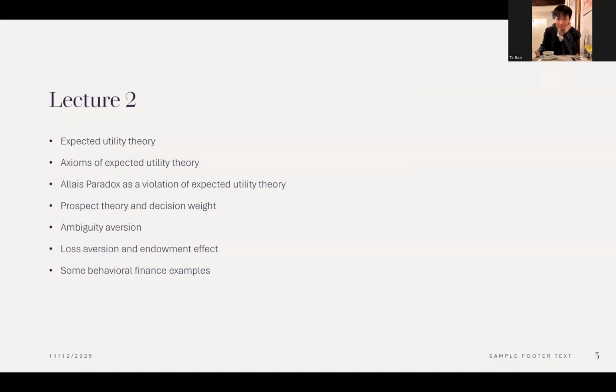We also talk about several axioms of expected utility theory, and among them, the most important is probably the independence axiom. Basically, the expected utility model depends on several axioms, but later on we soon observe that people may easily violate the axioms of expected utility theory, such as in the Allais paradox.